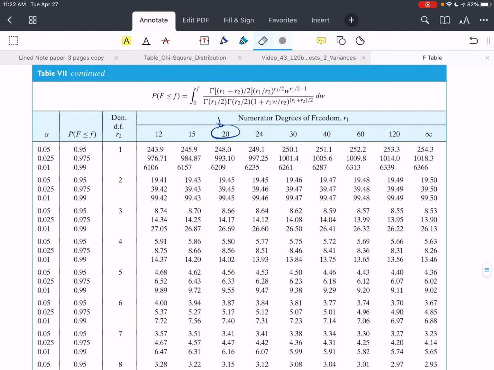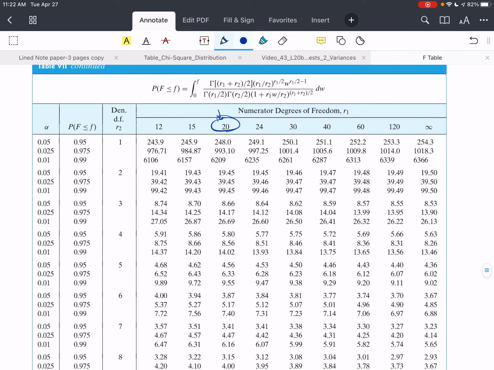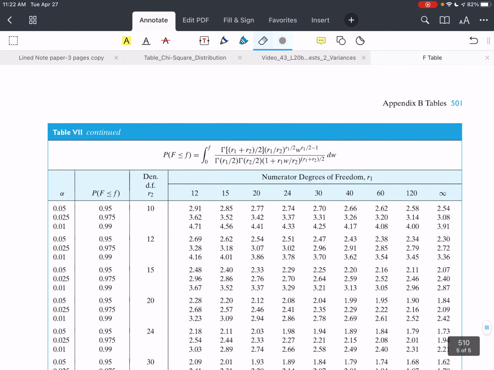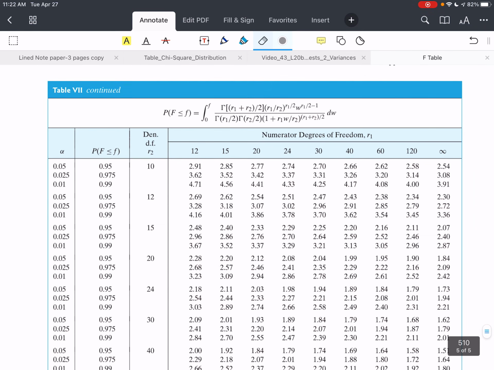And I need 20 in the denominator as well. Well, in this first table, it only goes to 9. In the second table, we have it. So we'll have 20 and 20. And we want the alpha is 0.025.